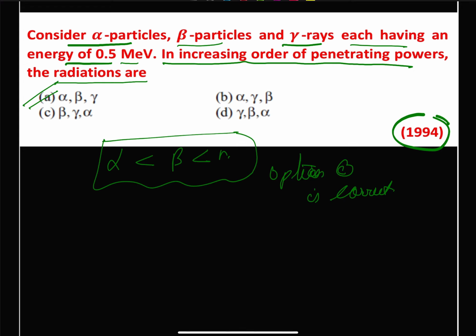And our beta particle, which can be electrons or positrons, has the tendency to be moderately ionizing, so they have a moderate penetration. So the basic comparison we can draw is between alpha and gamma. Beta is going to lie somewhere in between, and alpha and gamma are at opposite ends of the spectrum. And because gamma rays have no mass as well as no charge, they have a high penetration power.